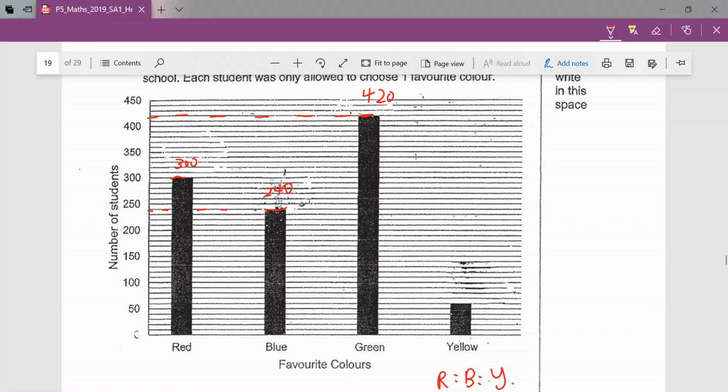Yeah, this is 420, but this is green. We don't really want to look at green for now. But it's always a good habit to just label everything at first, so later you don't have to go back to it. This is 60.